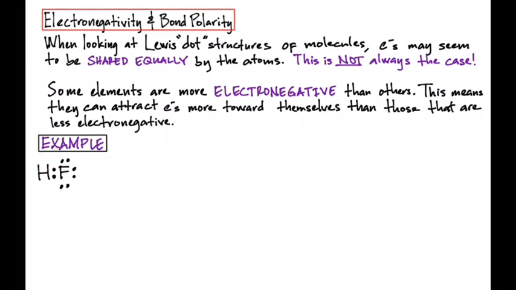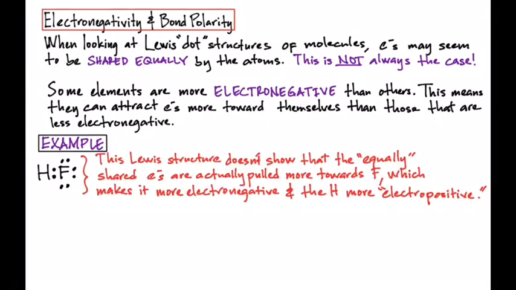Now, one may think that this pair of electrons are being shared equally by the 2 atoms, when in fact they're not. They're not equally shared by the 2 atoms. And the reason why is because fluorine is more electronegative than hydrogen. And so fluorine is actually attracting those electrons more towards itself than the hydrogen.